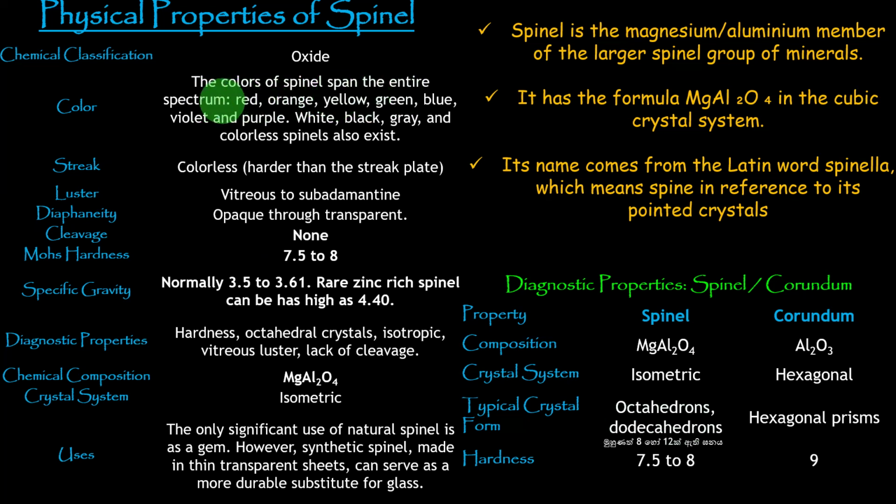Entire spectrum means the 7 colors of the spectrum: red, orange, yellow, green, blue, violet, and purple. White, black, gray, and colorless spinels also exist. Remember that. Those are the colors. Streak is colorless, as it is harder than the streak plate.